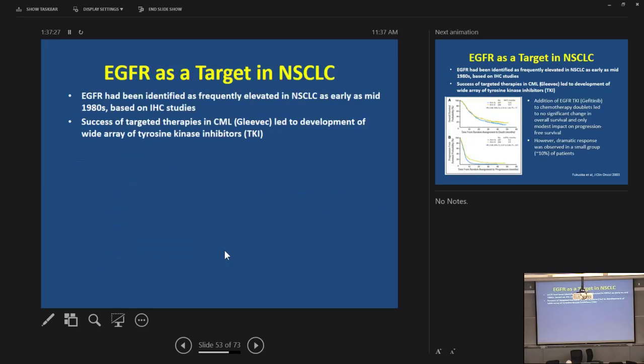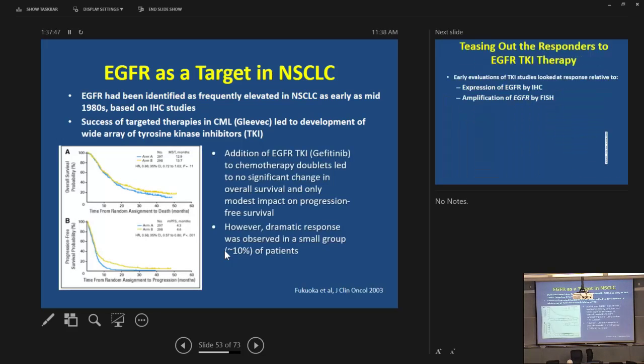Okay. All right, EGFR, I'll walk through this quickly. It was one of our first mutations identified in lung cancer. It was actually identified back in the 80s, but the use of our TKIs didn't really come into play until the early 2000s.